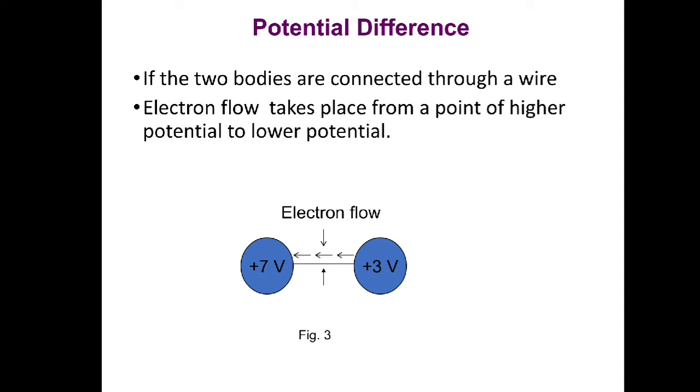That means A is a body having a smaller number of electrons, and the right hand side B is the body having a larger number of electrons. So electron flow is always from higher potential to the lower potential as observed.